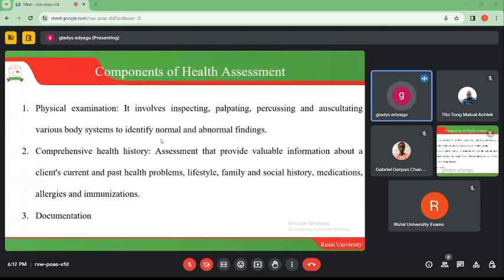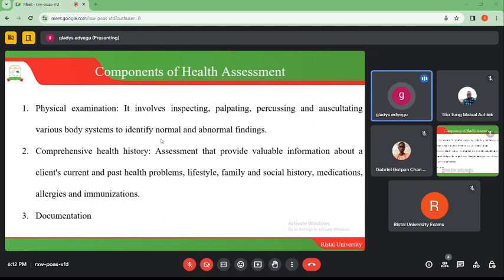Then comprehensive health history: we need to take different histories, and when we take these different histories, it will help us to come up with a comprehensive idea and knowledge about what could be happening with our clients.